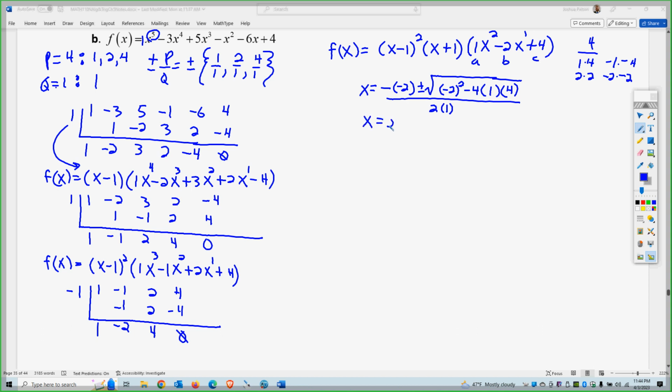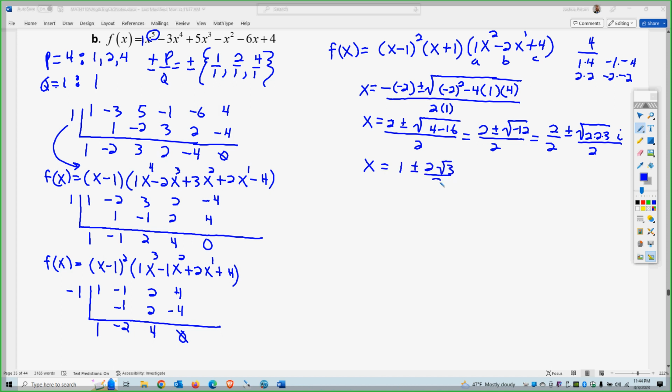So x equals 2 plus or minus the square root of 4 minus 16 over 2. I don't know why I made that so long. I know it's kind of weird, right? So I get 2 plus or minus root negative 12 over 2. So I get 2 over 2 plus or minus the square root of 2, 2, 3, and then the i comes out, right? So x equals 1 plus or minus 2 root 3 i over 2, right?